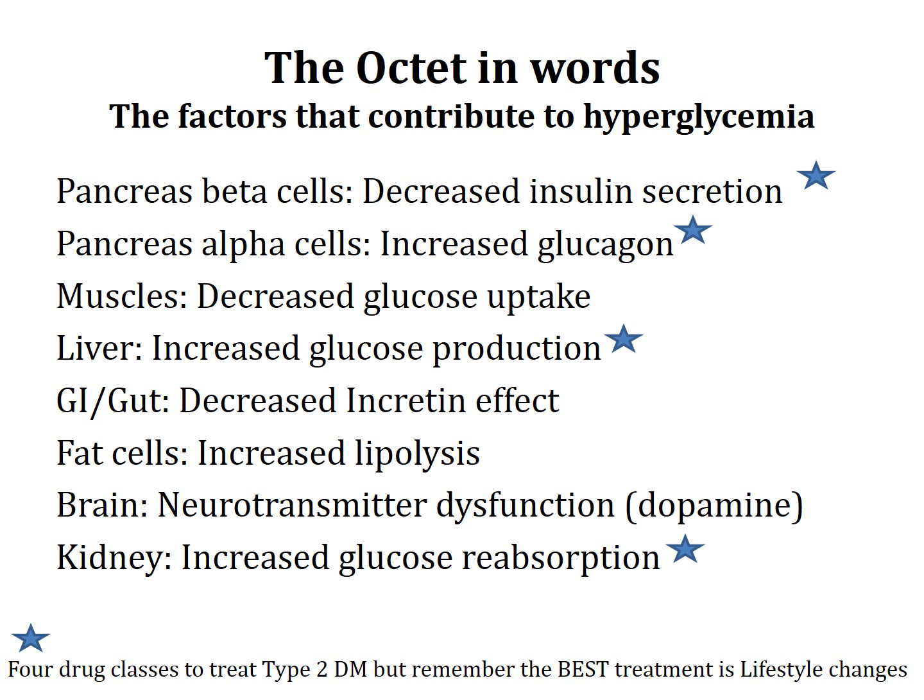Right? So here's the octet in words, tells you what it is about the different areas that raises your blood glucose. I'm going to talk about 4 of these, marked by the star here. I'm going to talk about increasing insulin release, right? So a type 2 diabetic patient still can make insulin, so maybe we can increase their insulin release. Let's talk about how we can block their glucagon release.